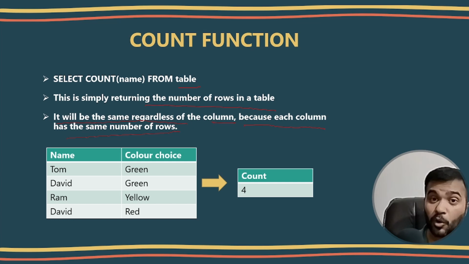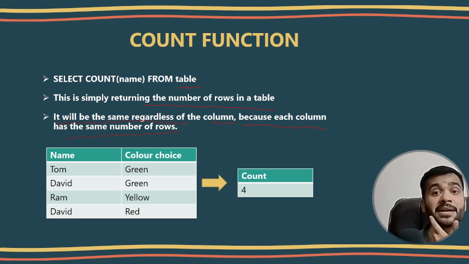Why are both count star and the column name giving you the same result? The reason is this logic: the column record will be the same whether you are using star or the column name. Star means it searches all records and gives you the count of all records.